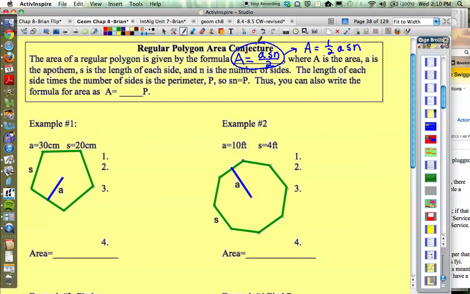Now there's another version of this formula that we can look at as well. The side length times the number of sides, remember, is the perimeter. So if we use capital P to stand for the perimeter, s times n is the perimeter.